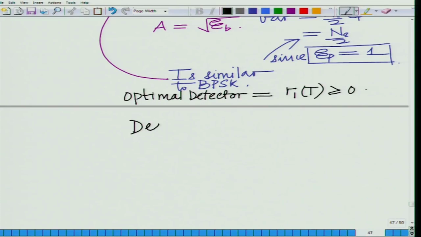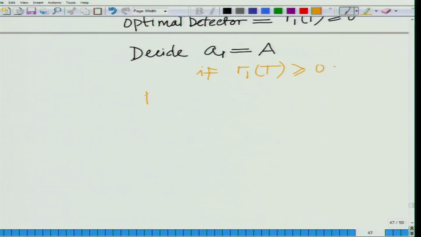So, decide A1 equals the transmitted symbol A if R1 T is greater than or equal to 0, and decide A1 equals minus A, corresponding to bit 0, if R1 T is less than 0.